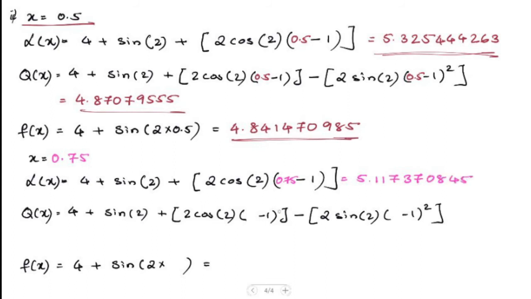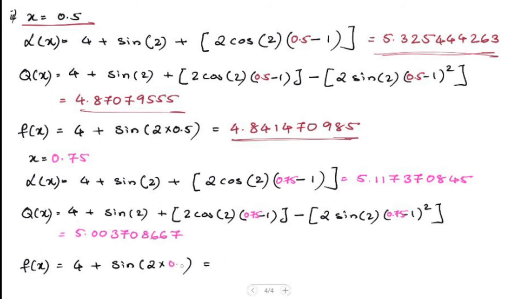And here again, if we replace the values of x with 0.75, we get for the quadratic approximation 5.003708667.